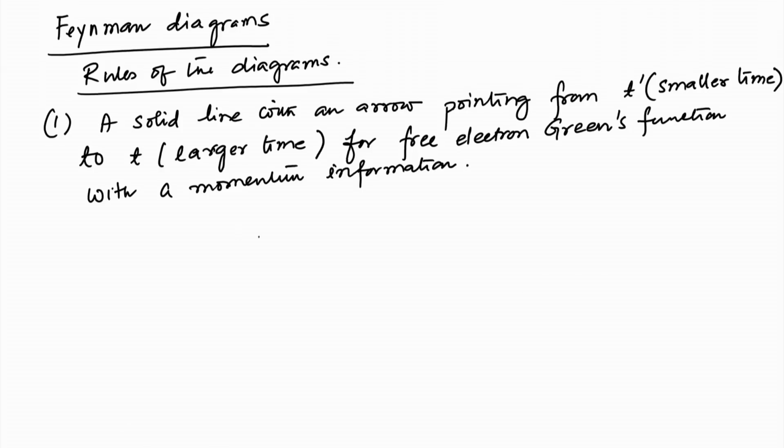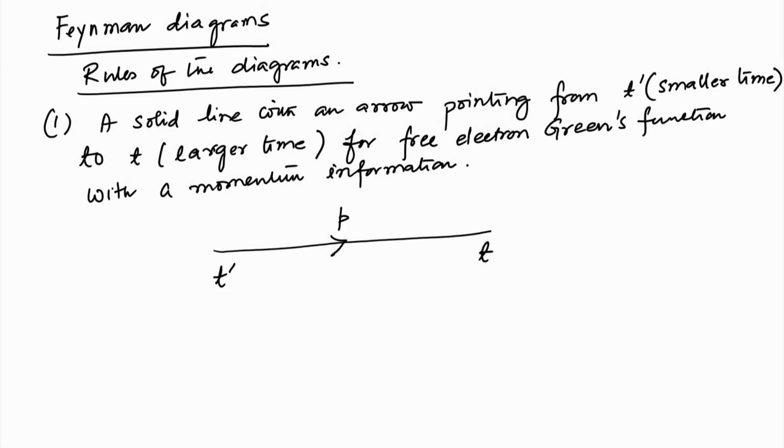So basically that tells that this is like this with a t prime going towards a t, and there is a momentum information. So, this line carries a momentum p.